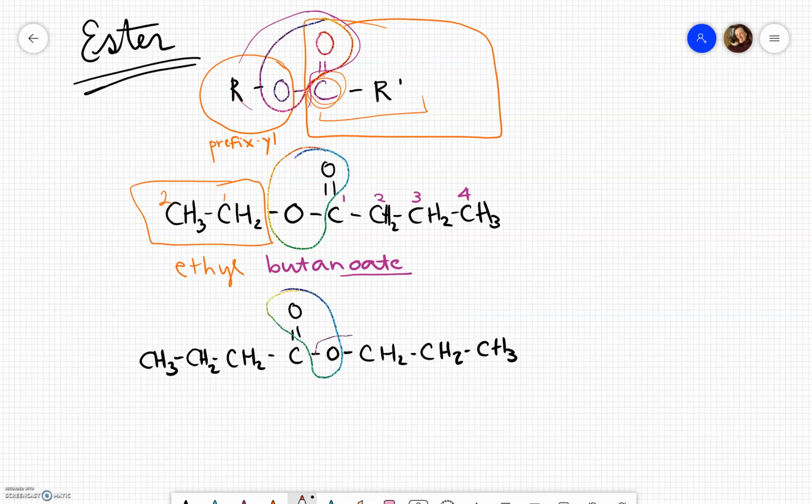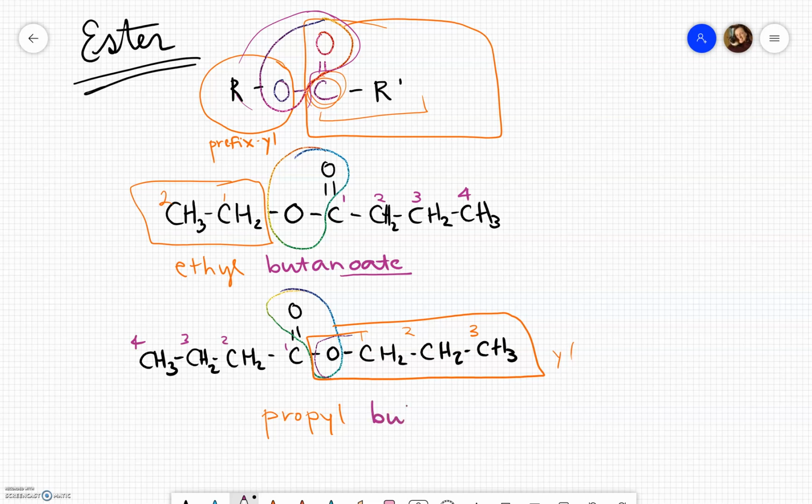So the one that's attached to this oxygen in the main chain, that's the one that's still going to have the YL. So even though I flipped it around from the way that I had it before, it's still where the YL is. So we've got 1, 2, 3, propyl. And then we count 1, 2, 3, 4. This one's still butanoate.